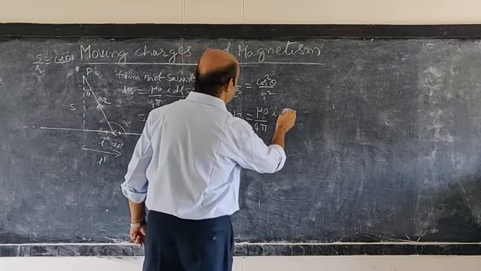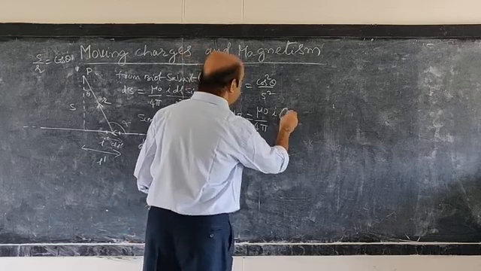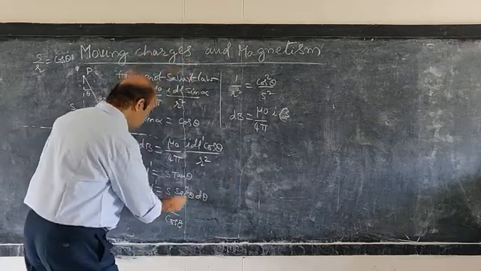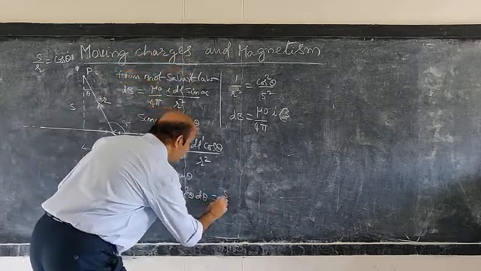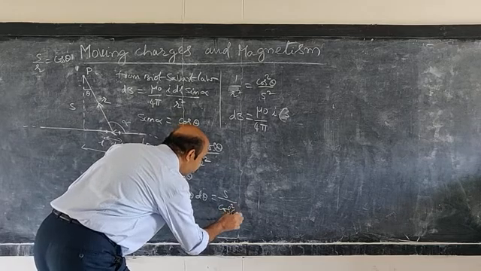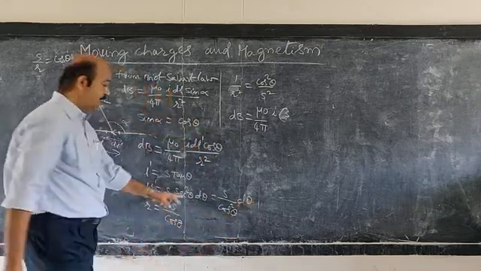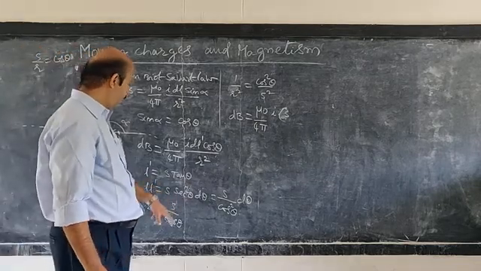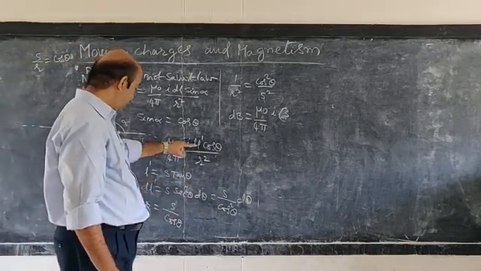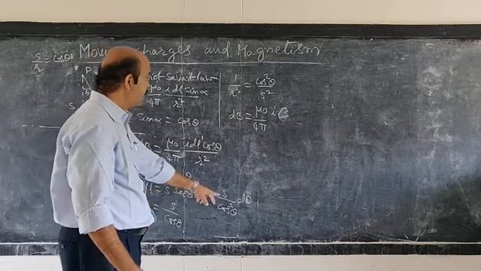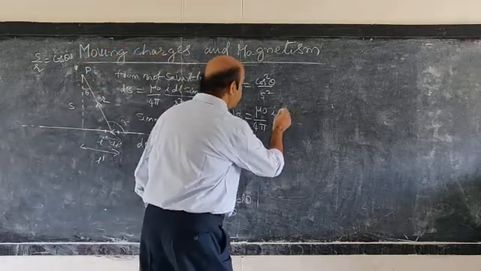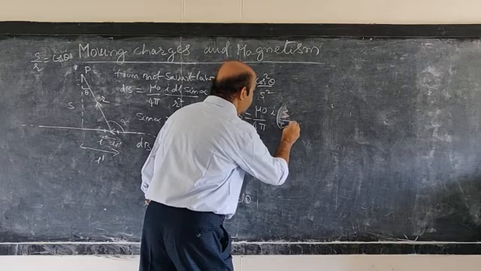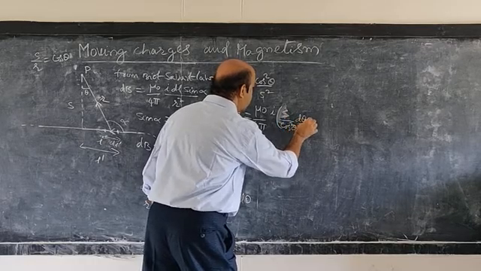So S secant square theta can also be written as S by cos square theta into d theta, because secant theta is the inverse of cos theta. Hence, in the place of dl prime, I can write S by cos square theta d theta.